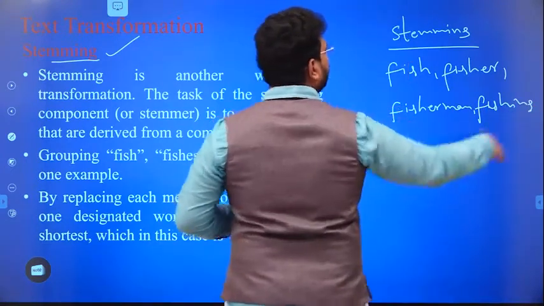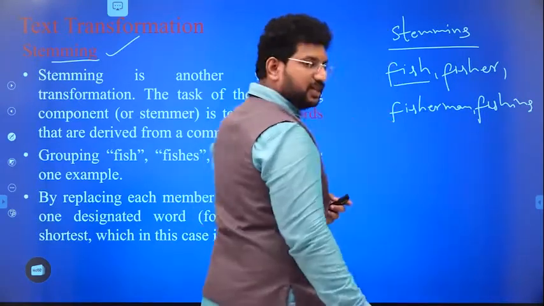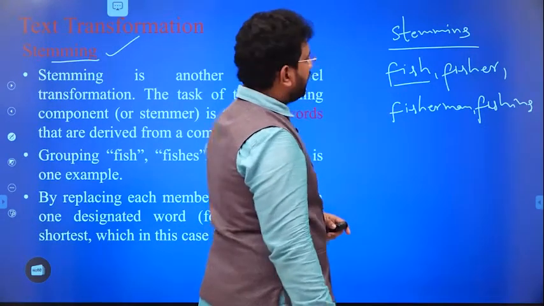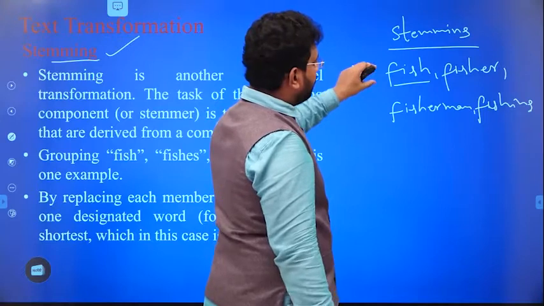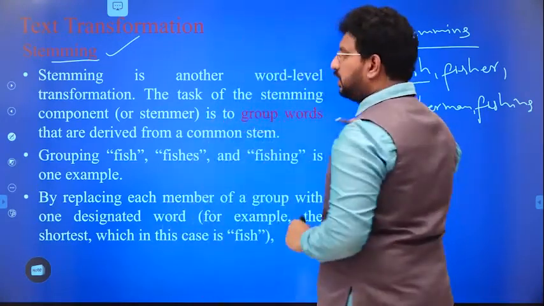Out of all these words, one common stem is there, which we can call fish. So in this example, the common one is fish. We can simply call it the stem of all these words. So this stem will be identified.